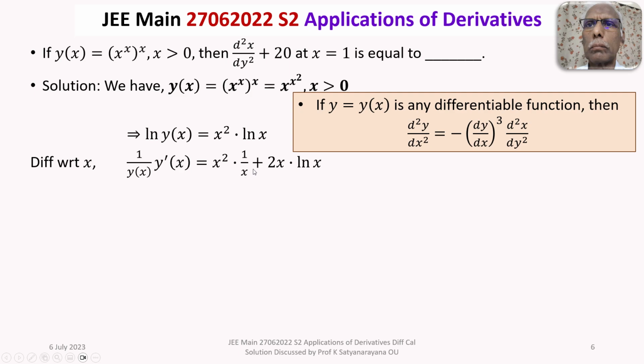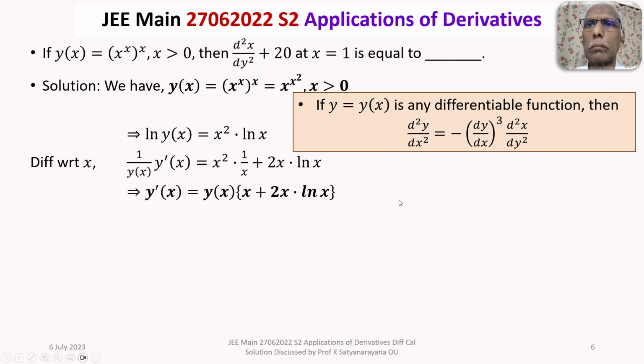Cancel this; x greater than 0, so no problems will come. So x square by x is x, and send y of x, which is sitting in the denominator on the left hand side, to the right hand side. Then you will get y prime x is equal to y of x multiplied by, in brackets, x plus 2x multiplied by ln of x.